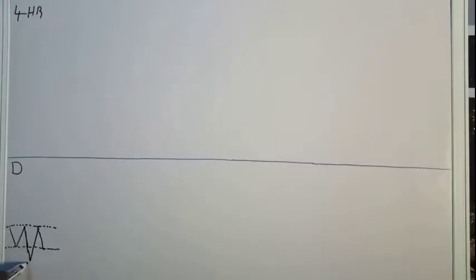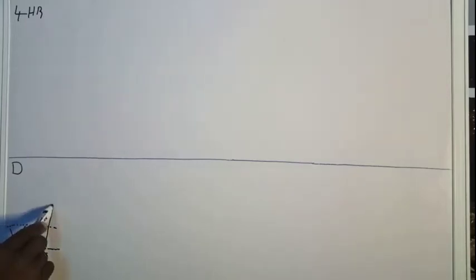and I can label this as the head, which is H, and we can call this our right shoulder, RS, and this our left shoulder, LS. After the market retested this support level, it gave us a push to the upside, and then we had a retest.